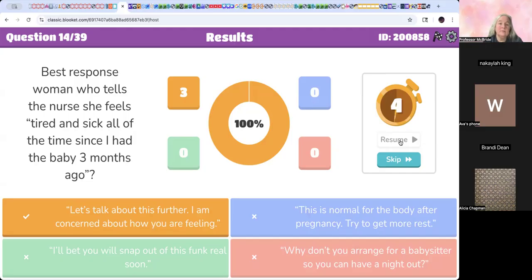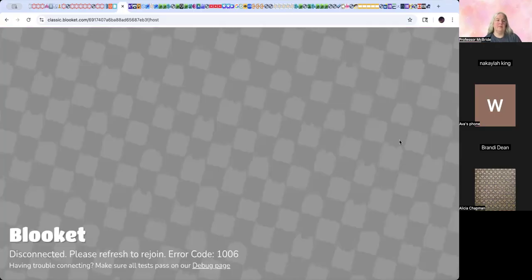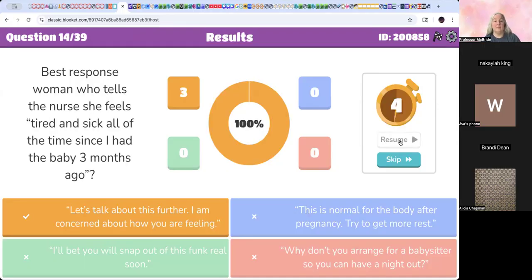You just have a concern for her psychosocial. Does she have support? She's not getting enough rest. That could be an indicator of not being able to manage well. Yeah. Okay. And so "I'm concerned about how you're feeling, let's talk about this further" is a good therapeutic response so that we can gather more information.